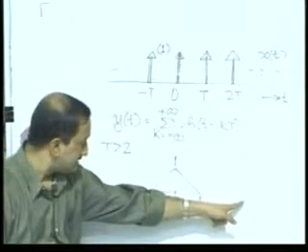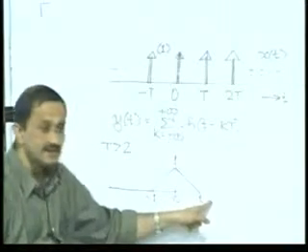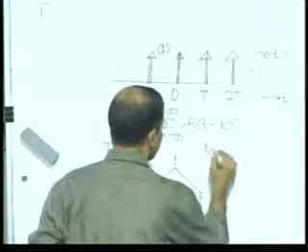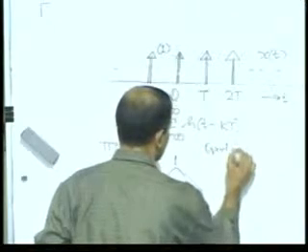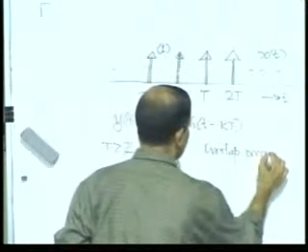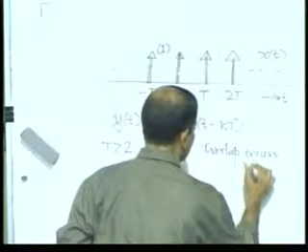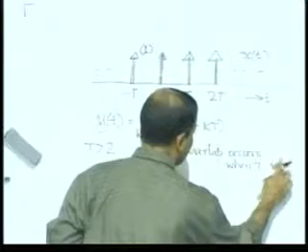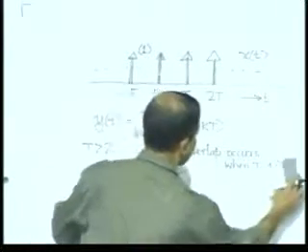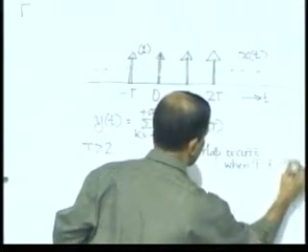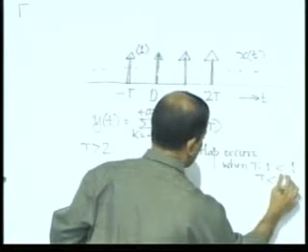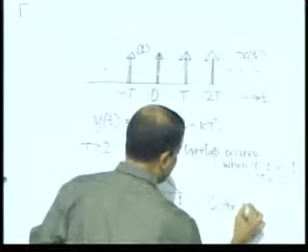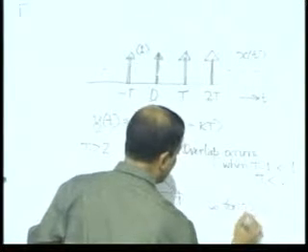Overlap occurs when T minus 1 is less than 1. That is, T is less than 2. So for T greater than or equal to 2, no overlap.